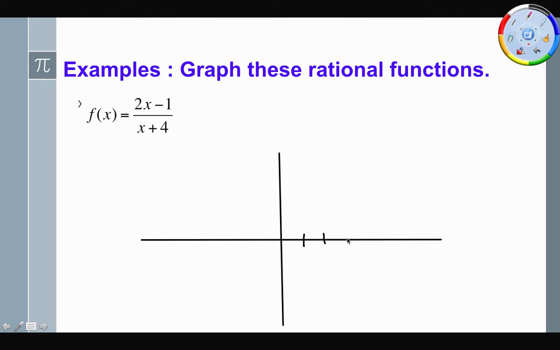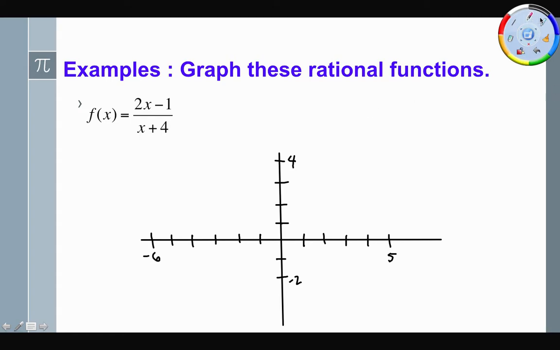We got 1, 2, 3, 4, 5. I think that should be good. And we get 1, 2, 3, 4, 5, 6 in the other direction. We need to go down a couple, and we need to go up a couple. We need to go up a little bit more than that. All right, up to 4, down to -2. That should fulfill everything we need.